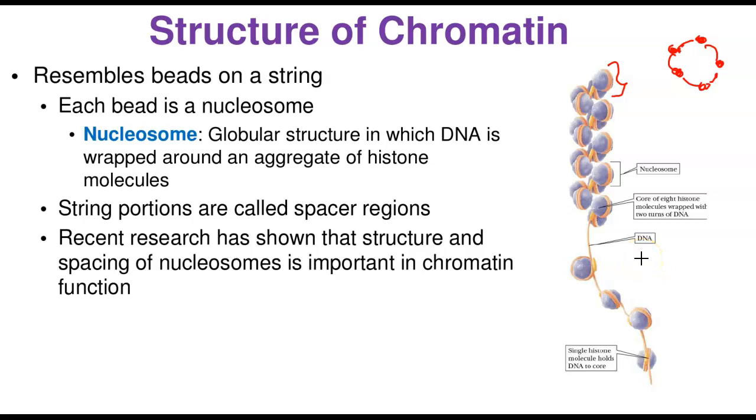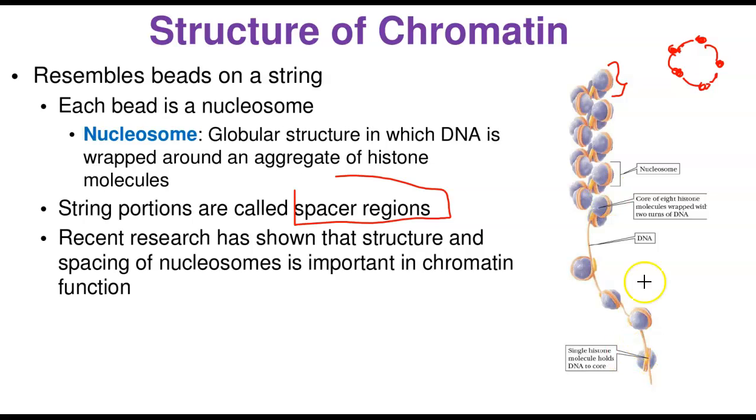So that simple wrapping around of a protein and a histone is what we call what? A nucleosome. It's a globular structure in which the DNA is wrapped around an aggregate of histone molecules. The string portions without the histone are called spacer regions. Recent research has shown that the spacing of the nucleosomes is important in the function of chromatin.